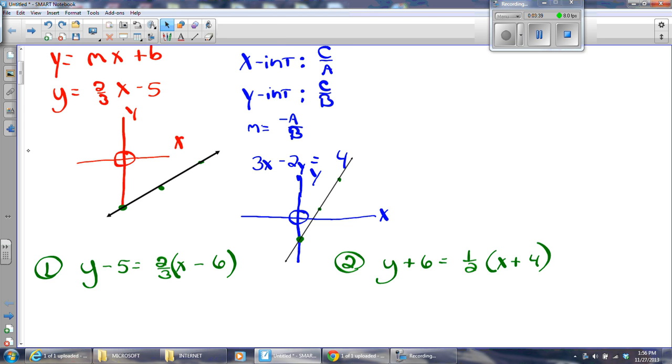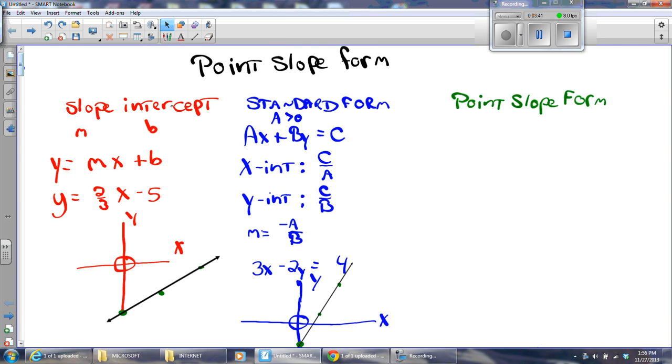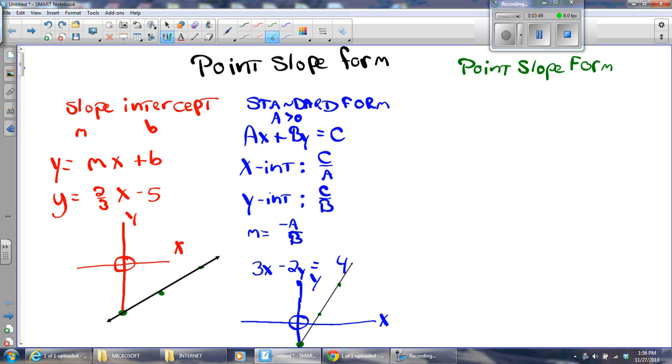Okay. Now with point-slope form, before I tell you what it is, I want to take the formula for slope. The formula for slope is m equals y sub 1 minus y sub 2 over x sub 1 minus x sub 2. Now I'm going to change it. Instead of using 2 points, I'm going to let the first x and the first y be my variables.